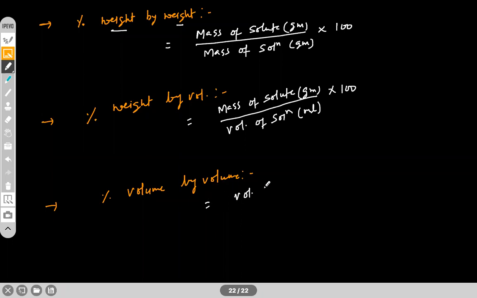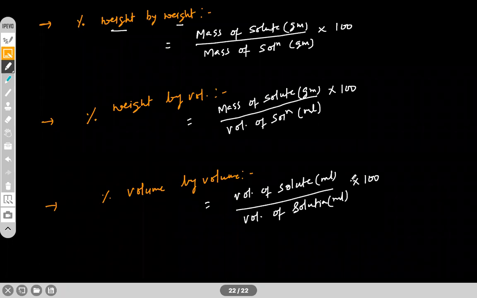Volume of solute in ml divided by the volume of solution in ml, into 100. This is the formula we have. The first term always goes with solute in the numerator, and the second term goes with solution in the denominator.